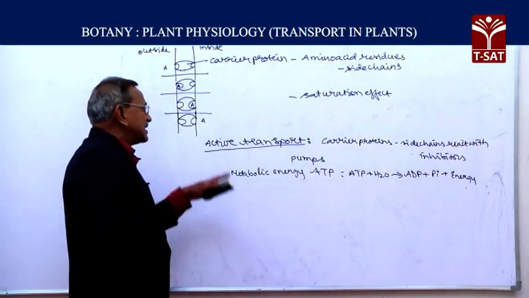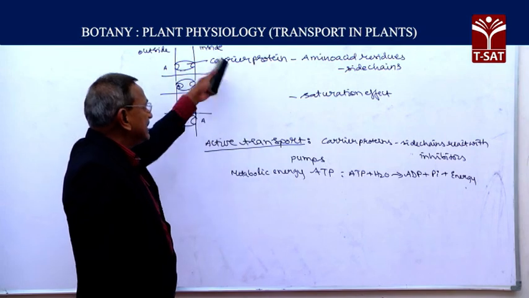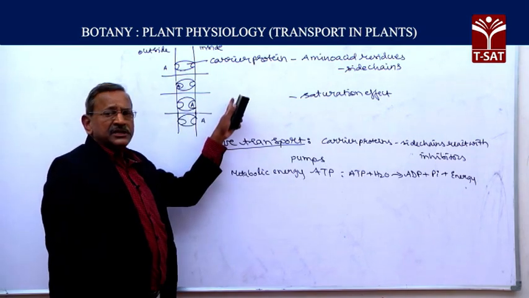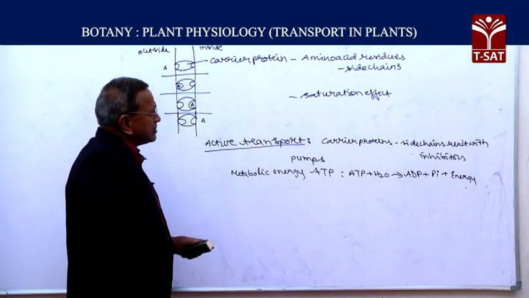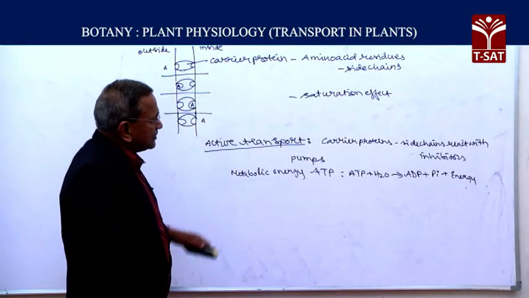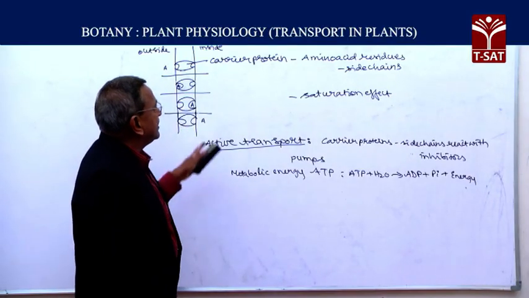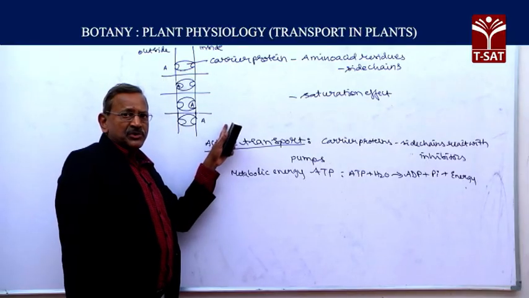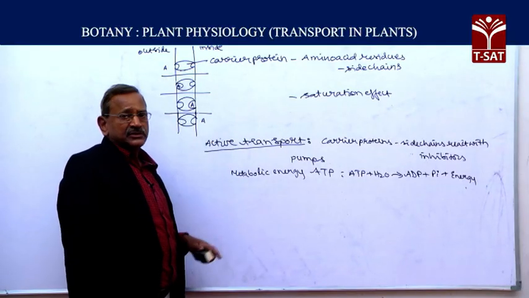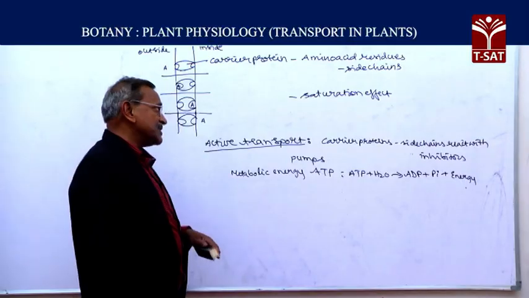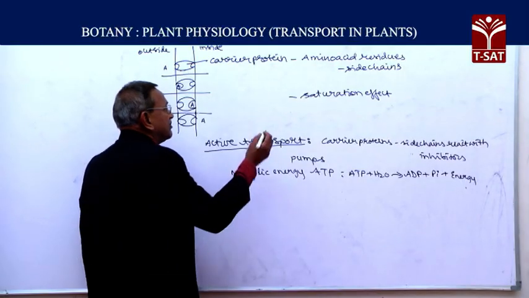Why is energy required in active transport and why is it not required in facilitated diffusion and also simple diffusion? Simple diffusion and facilitated diffusion are downhill processes. What is meant by downhill process?